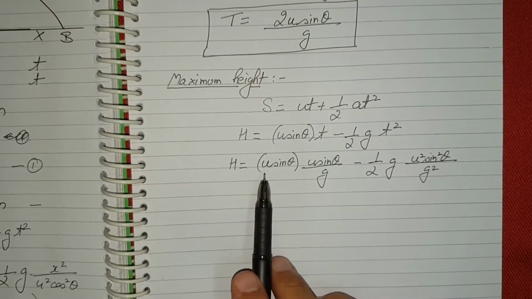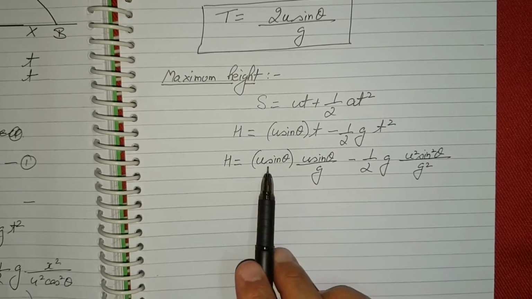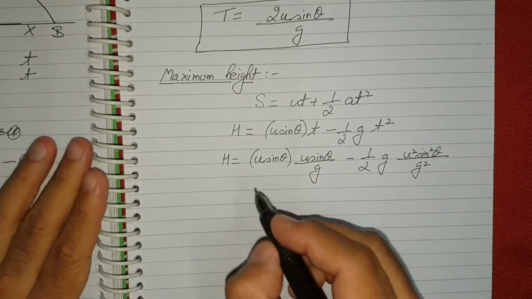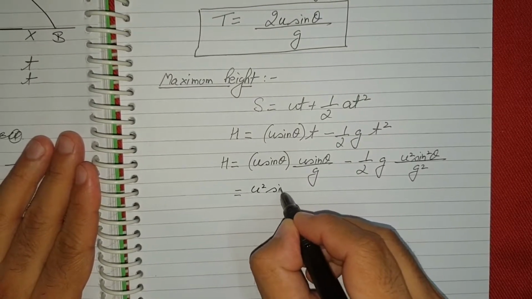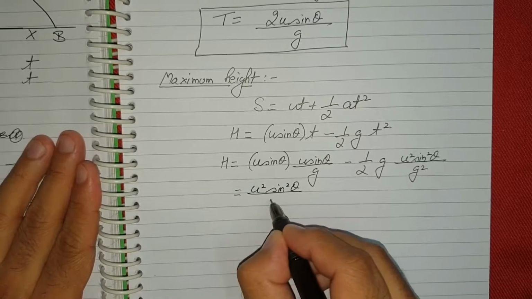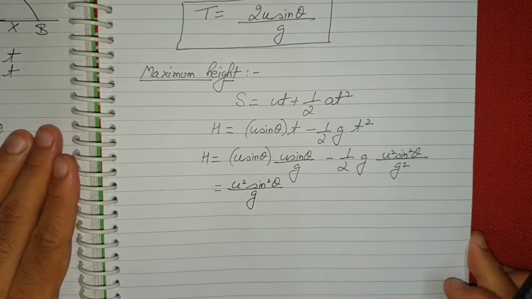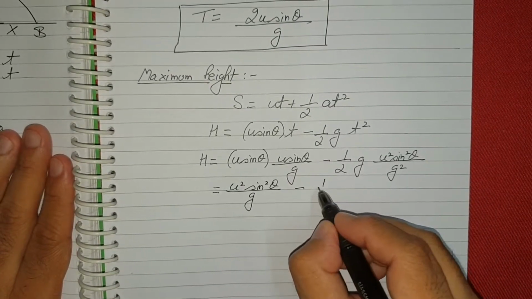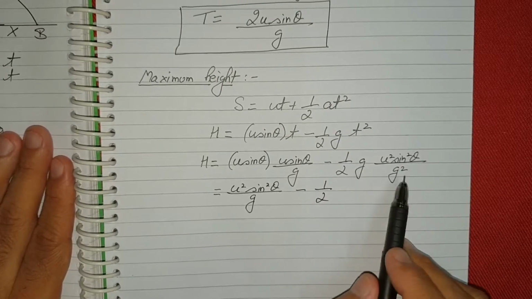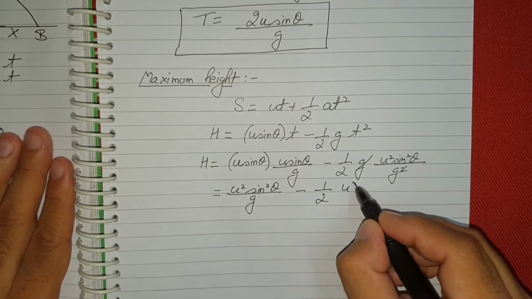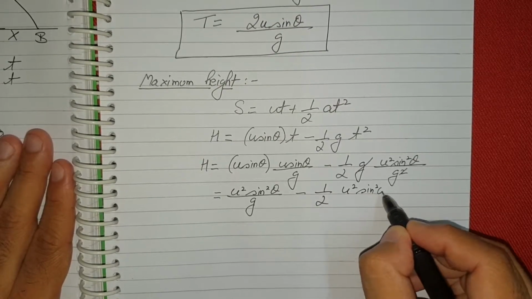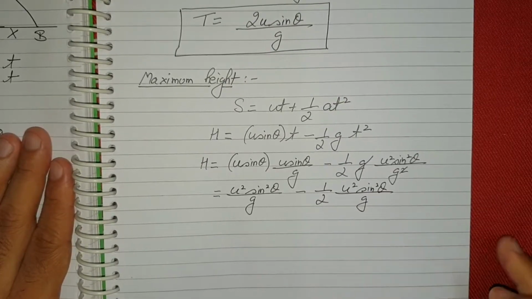Now the first term will be u square sin square theta by g, and this will be minus half. See, this g and this g will get cancelled. So this will be u square sin square theta by g.